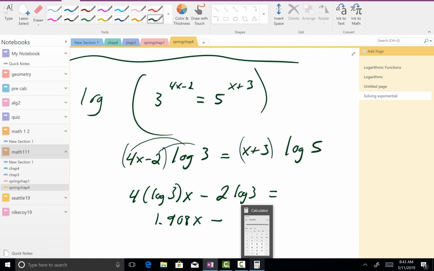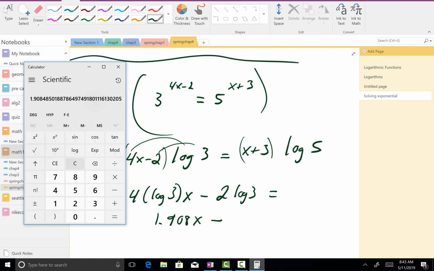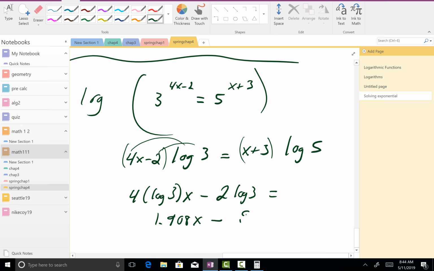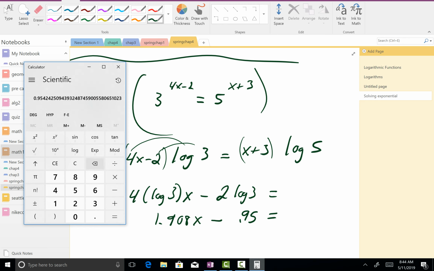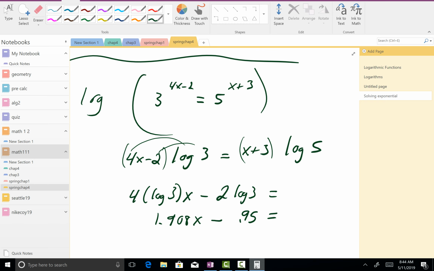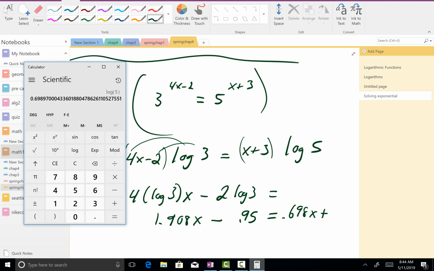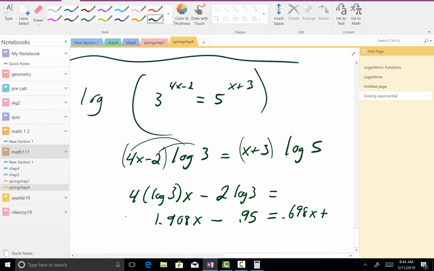There's that. Is that right? And then do the same thing on the other side. So I'm just taking the log of 5.